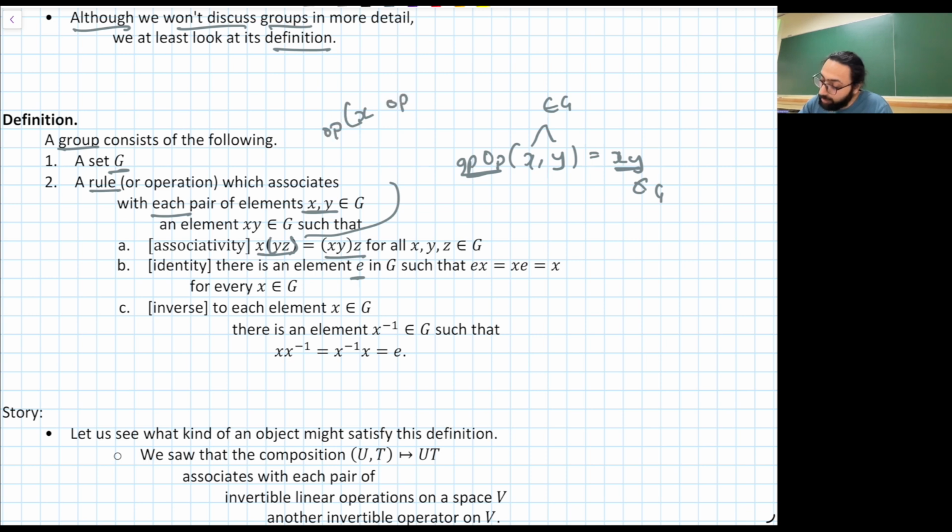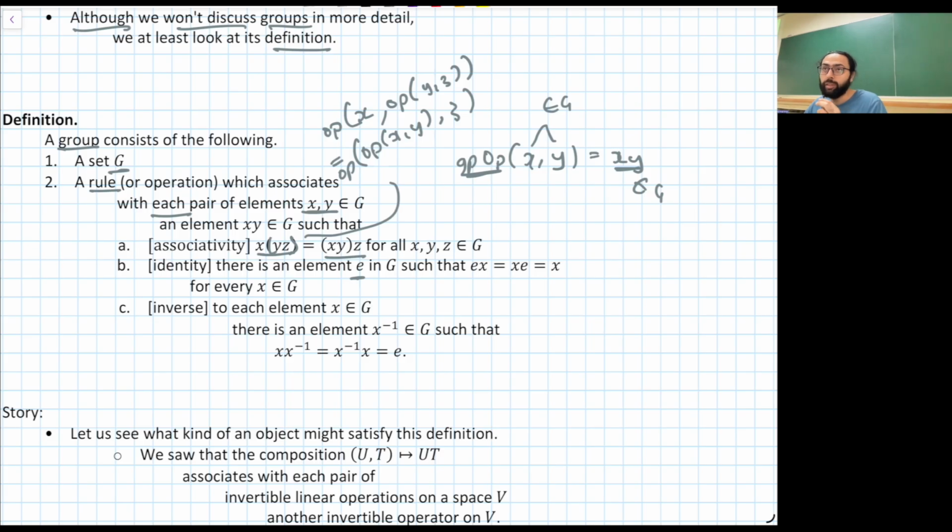So op of X and the operation of Y, Z is the same as op of the operation of X, Y and Z. The associativity property. I'm writing the multiplication as op, right? So what should this be equal to? Exactly, op of op X comma Y.